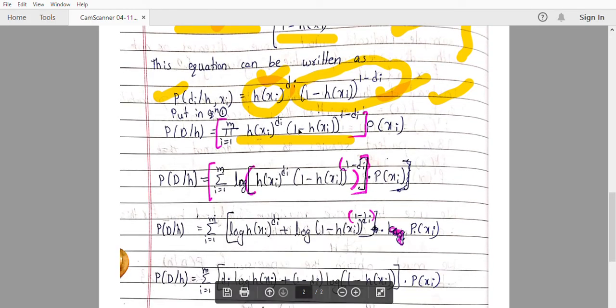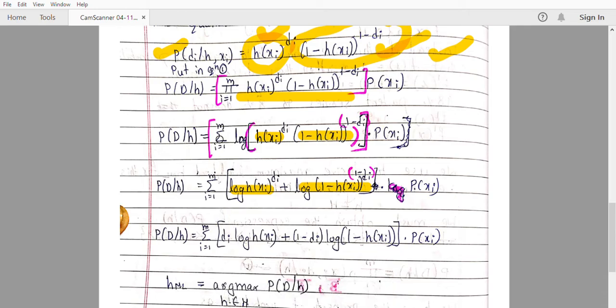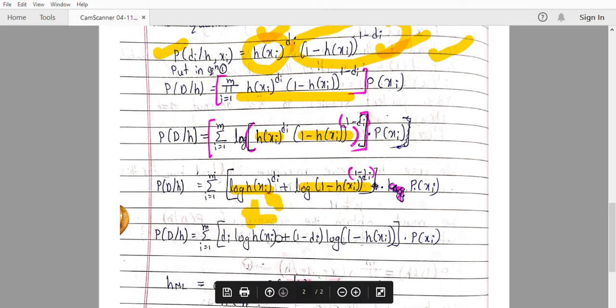So this will become log of xy, and log of xy is log of x plus log of y. This is x, and this is y. Next, log of x raised to y becomes y into log x. Similarly, this becomes y into log x.